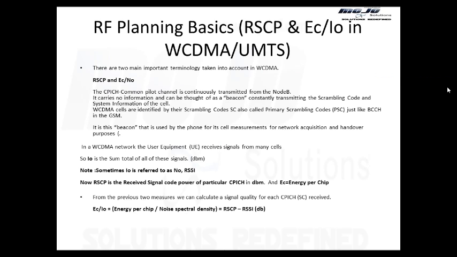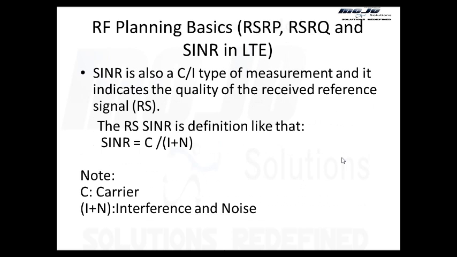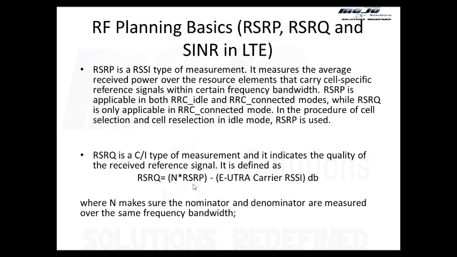The way they calculate quality is similar. For UMTS they are subtracting RSSI from RSCP, and for LTE they are subtracting RSSI again from RSRP. So this is a general way of calculation, and mathematically it's very similar.